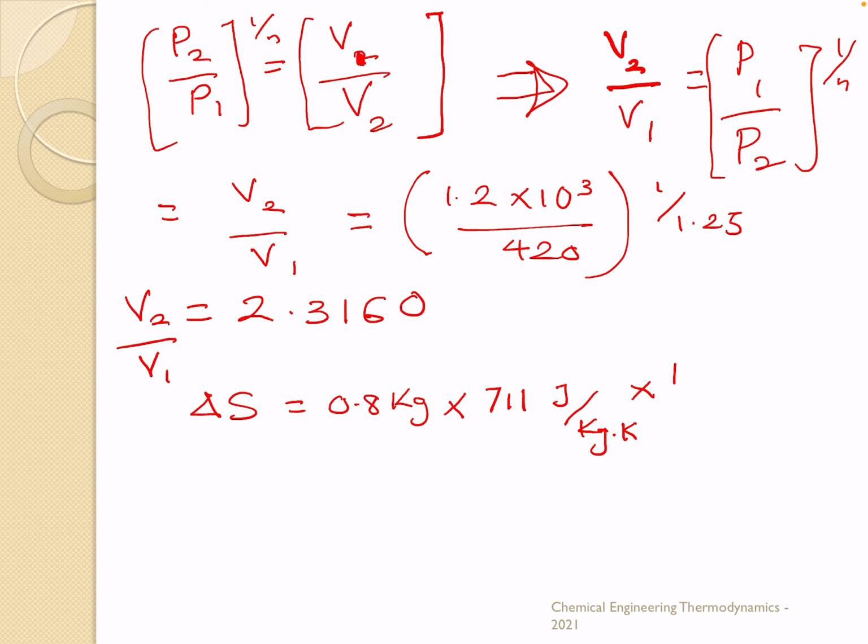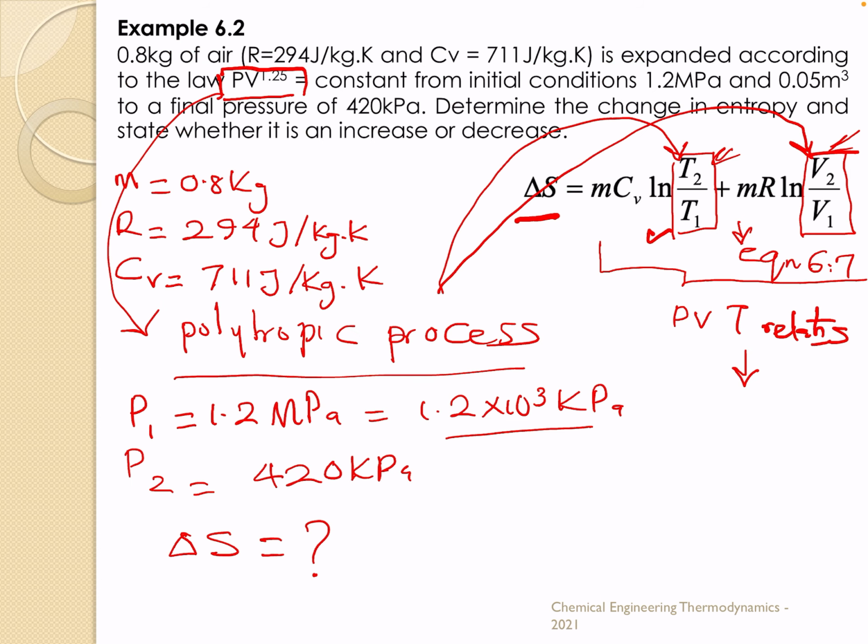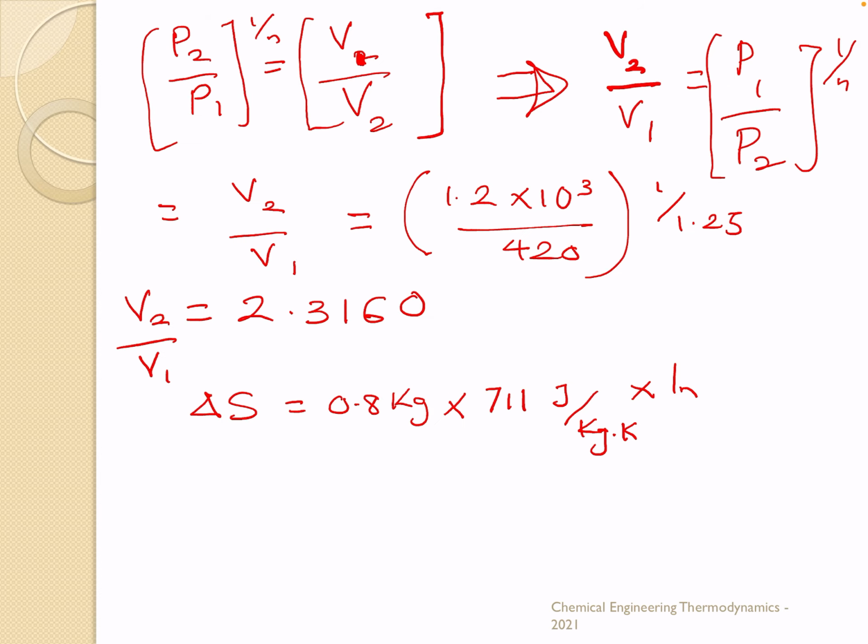multiplied by ln. So we have mcv ln T2 over T1 plus mR ln V2 over V1.